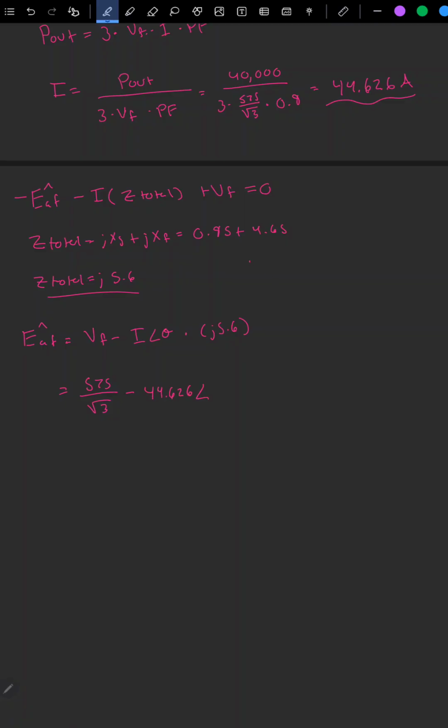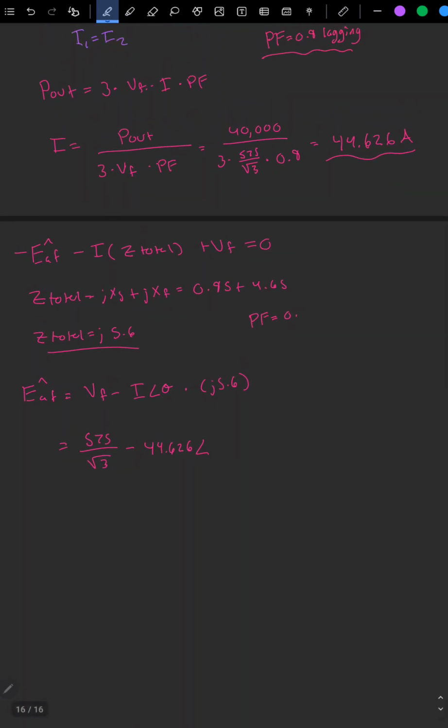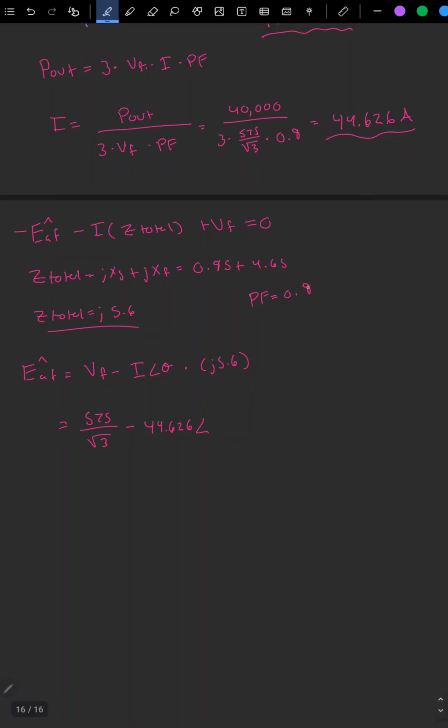Sorry, I forgot to get the phase angle, but I'll do that real quick. Is it 0.9? Yep. So you just take the inverse cosine of that. You get 25.84. Remember, it's negative because it's lagging. Multiplied by J 5.6.